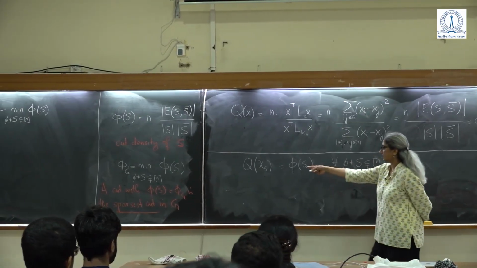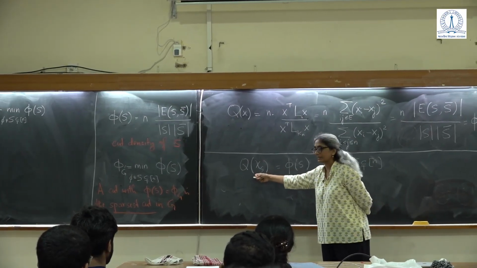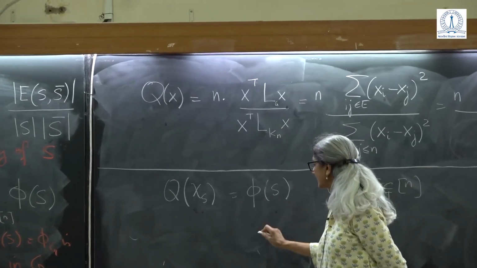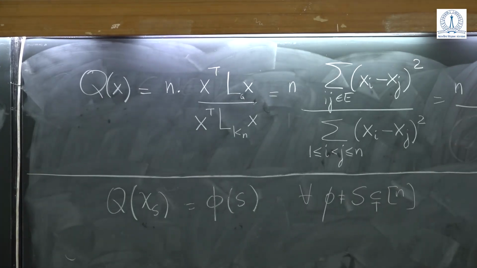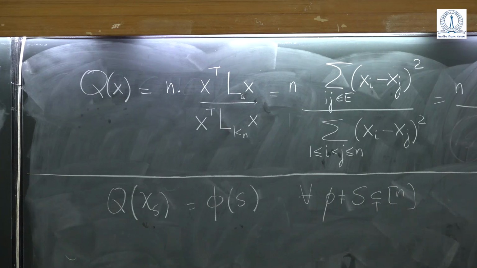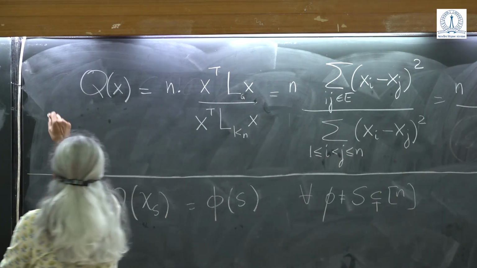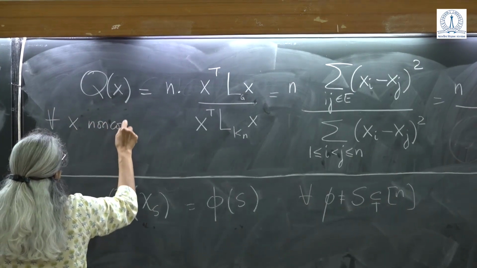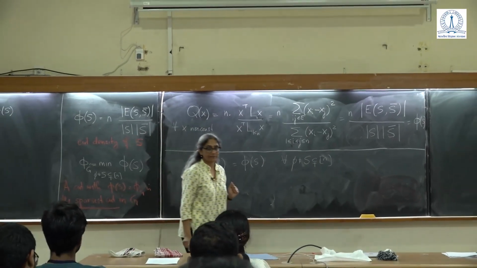Of course, if I take all the characteristic vectors and find the minimum of this rational function, I can also get phi g from that. That's the relationship. And remember, this thing is only defined, as Arvind pointed out, on non-constant x's. That means x is not a multiple of 1, 1, 1, 1, 1, okay?